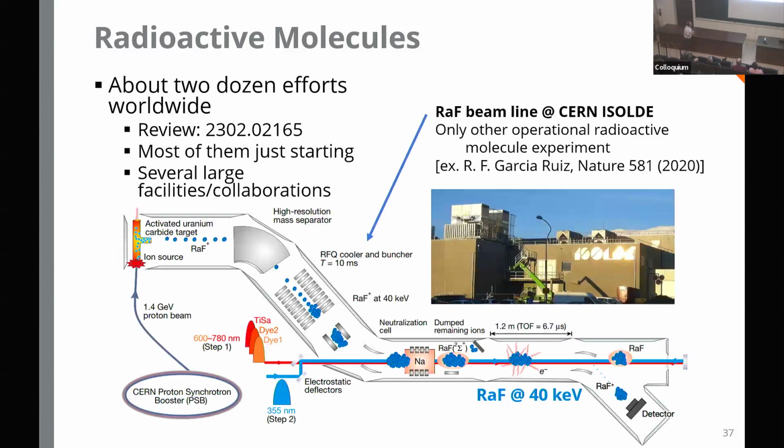One of the important experiments that's ongoing is this molecular beamline at CERN ISOLDE, which is the only other operational radioactive molecule experiment, in addition to the one that I will tell you about shortly, where they used the CERN proton synchrotron booster to ultimately make a beam of radium fluoride molecules at 40 keV and do laser spectroscopy a few years ago.